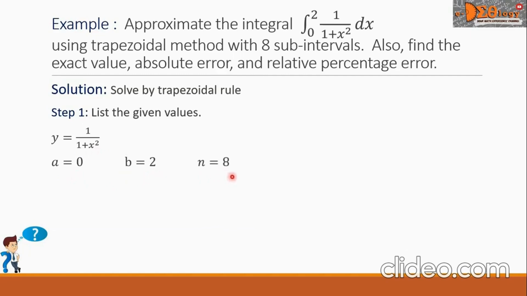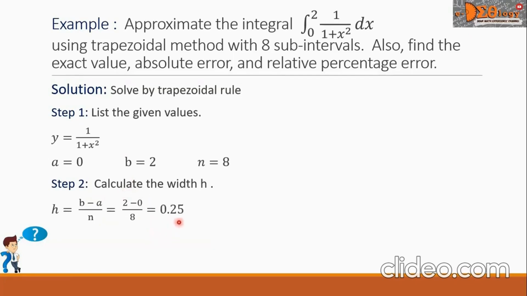The n equals 8. Step 2. Calculate the width h. Our formula is b minus a all over n. Substituting the values, we have 2 minus 0 all over 8. We simplify this into 0.25.